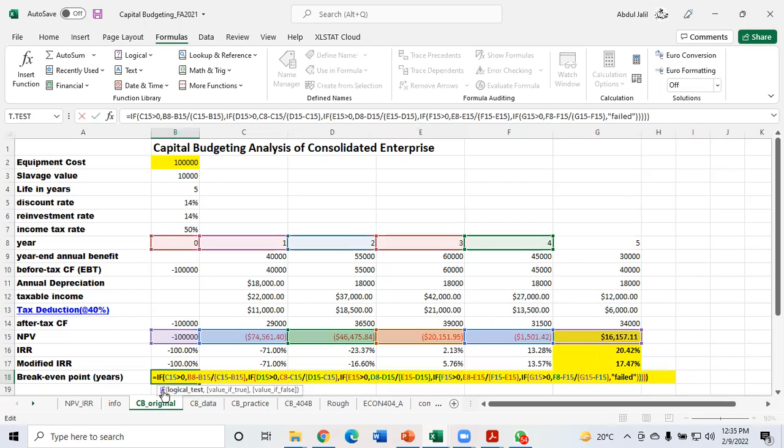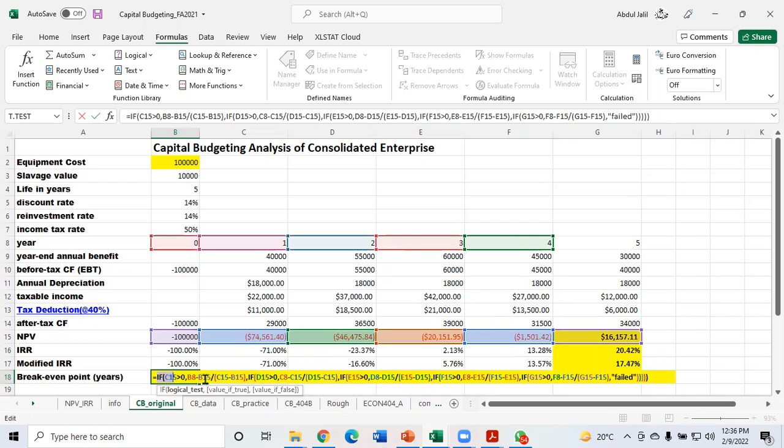Basically, how are you going to calculate the break-even point? You already know the break-even point is the point where NPV is equal to 0. Once your net present value is set equal to 0, at that point your benefits are exactly equal to your cost. It means you recover all of your cost. So that would be your break-even point. After that point, you are going to have more returns.